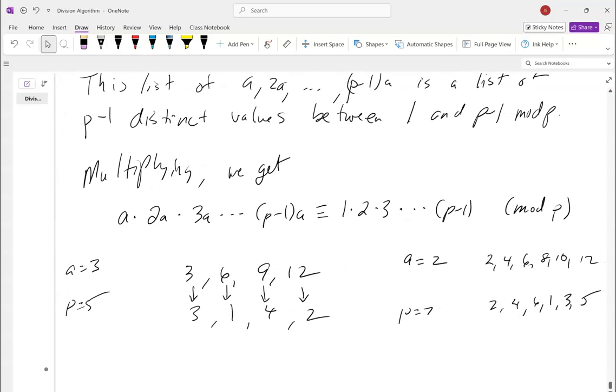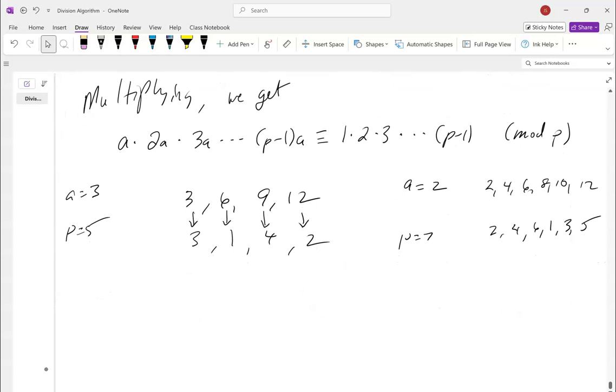All right. So let's go back up to our congruence here. How many A's are there in our product here? Yeah, there's P minus 1 factors there, right? So there's P minus 1 A's there. So the left-hand side we can write as A to the P minus 1.